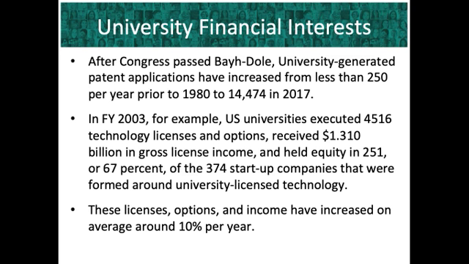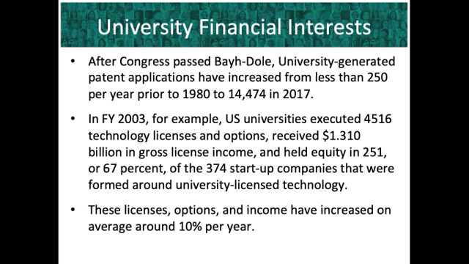And in exchange for those 4,516 licenses and options, they received $1.3 billion in gross license income, and they held equity in 251, or almost two-thirds of the 374 startup companies that were formed around university license technology in that year alone.